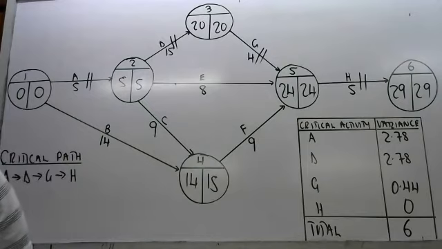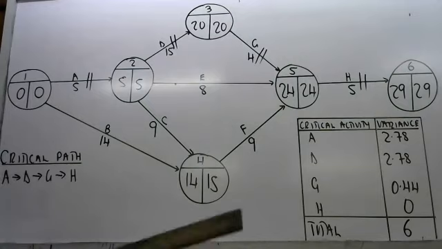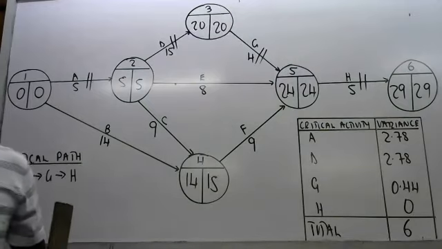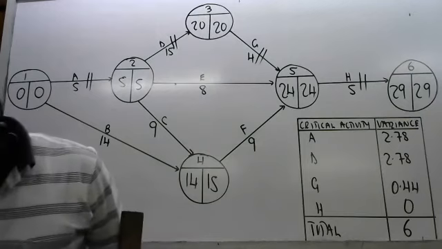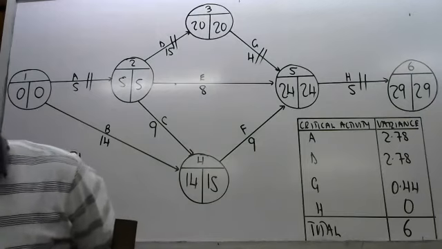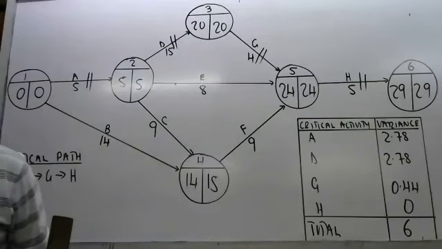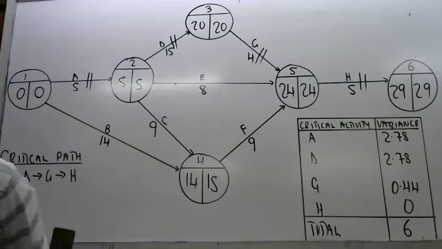Yeah, it is 6. So if it is 6, even without drawing the diagram, tunaulizwa the probability of completing within 30 days.